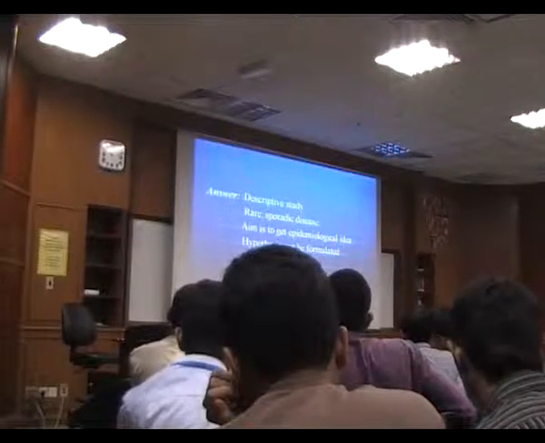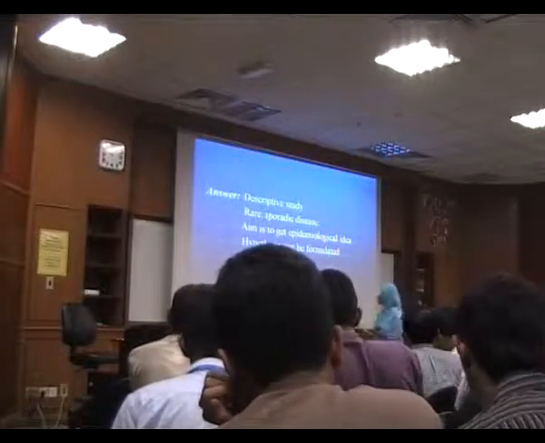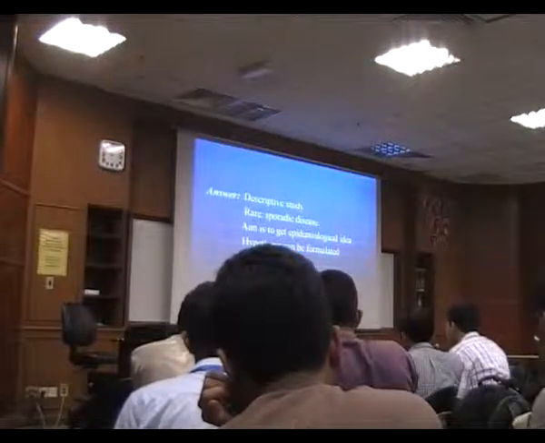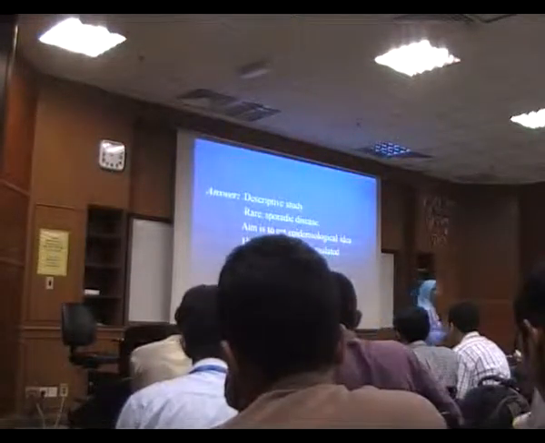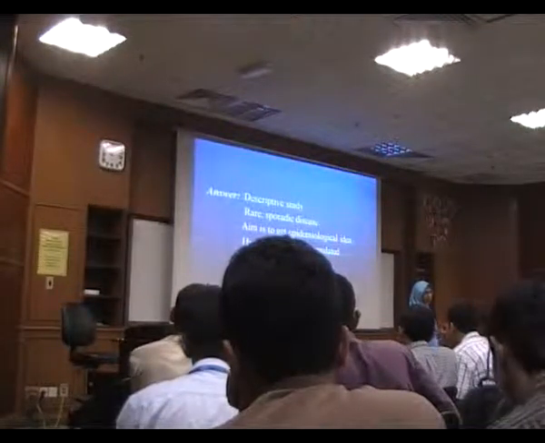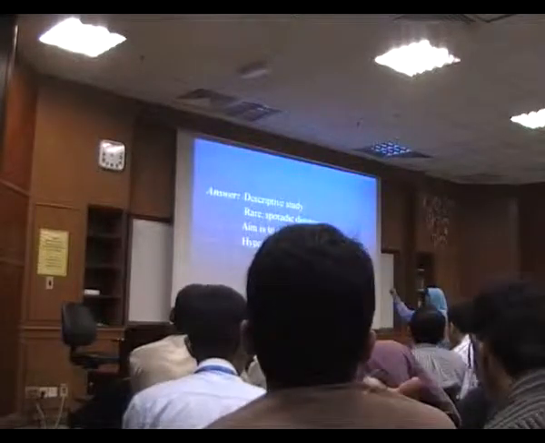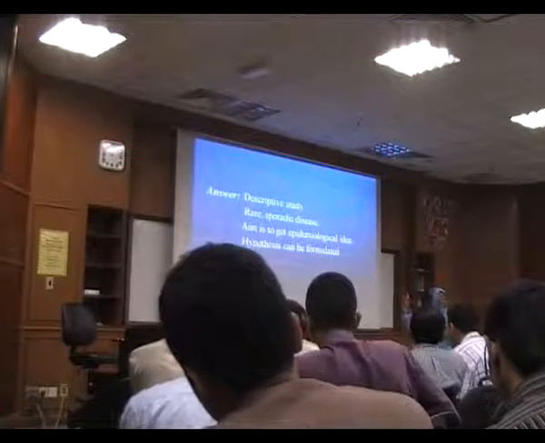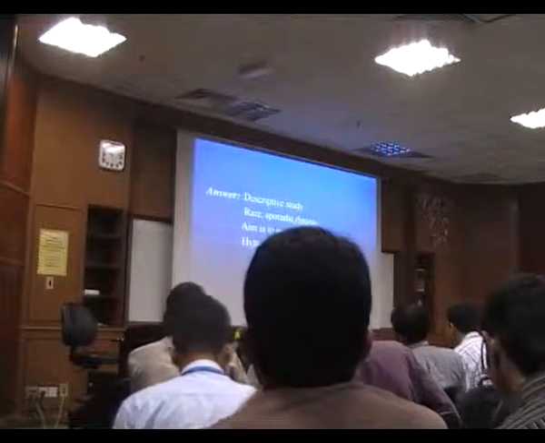You understand? Everything you understand, but you cannot respond. And from here, a hypothesis can be formulated. Then you can design other studies, case control or cohort or something like that. But as your aim is to find out only the epidemiologic idea, your design should be descriptive. 5W. You understand?